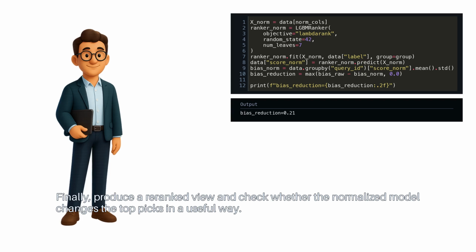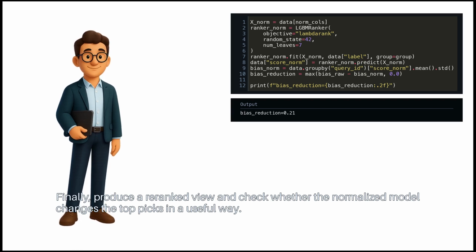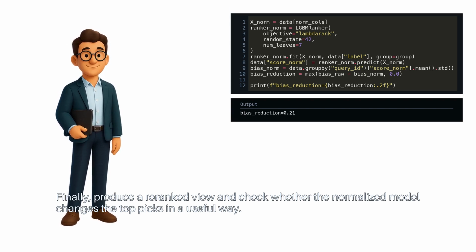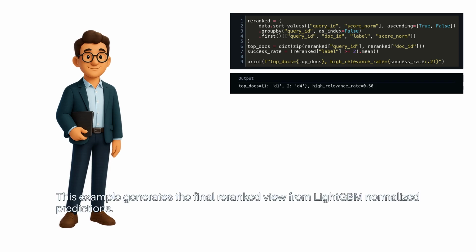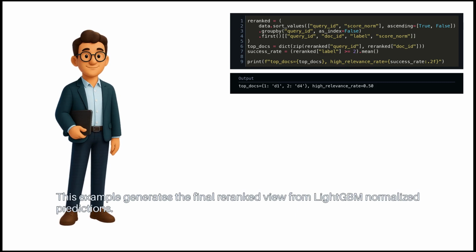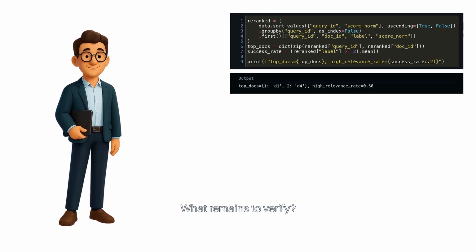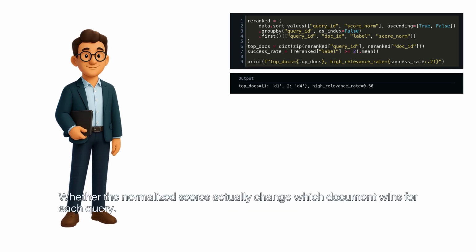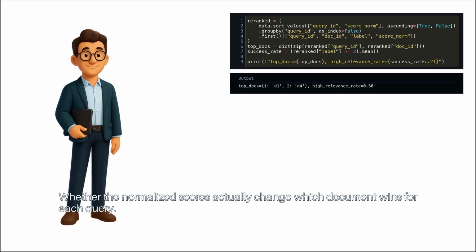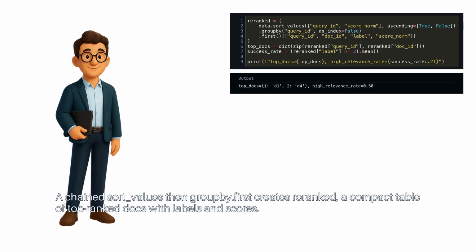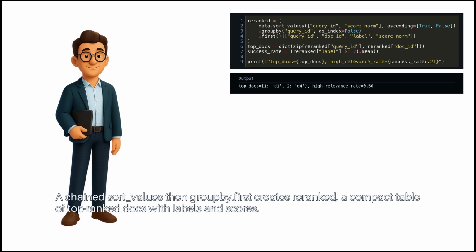Finally, produce a re-ranked view and check whether the normalized model changes the top picks in a useful way. This example generates the final re-ranked view from LightGBM normalized predictions. What remains to verify? Whether the normalized scores actually change which document wins for each query. A chained sort values, then group by first, creates re-ranked, a compact table of top-ranked docs with labels and scores.